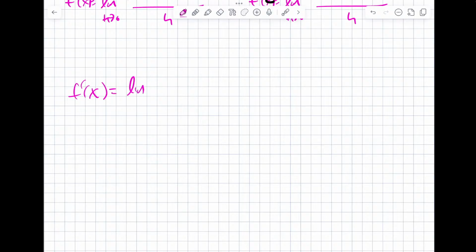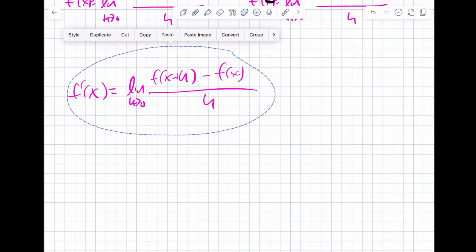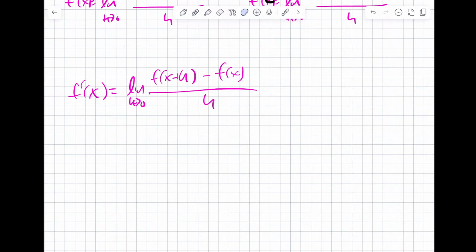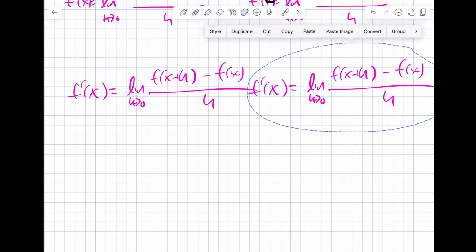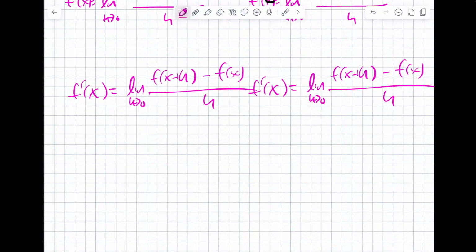What is this? The definition of derivative, right? Every time you see something with f of x plus h minus f of x over h, it means this is a derivative of a function. However, I can change this just a tiny bit. Let's copy and paste this part, and I can change this to a c here and here.